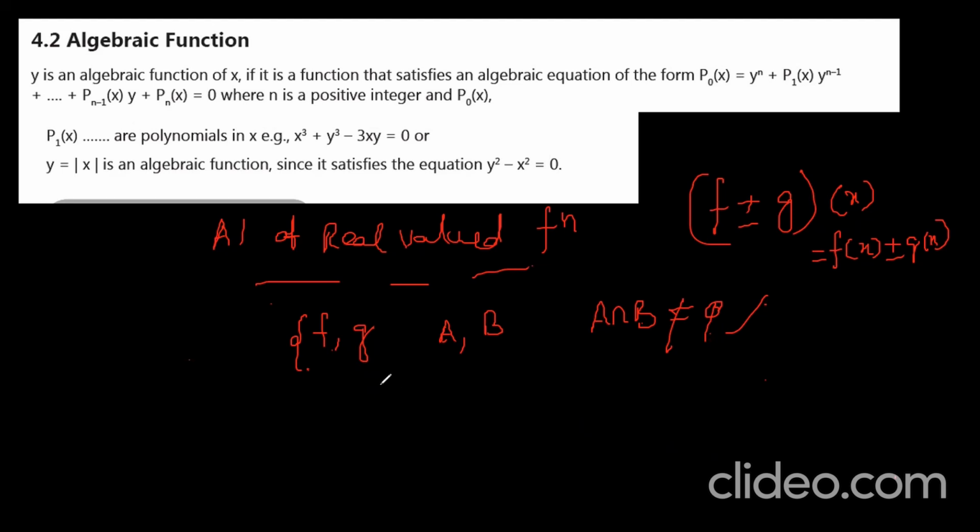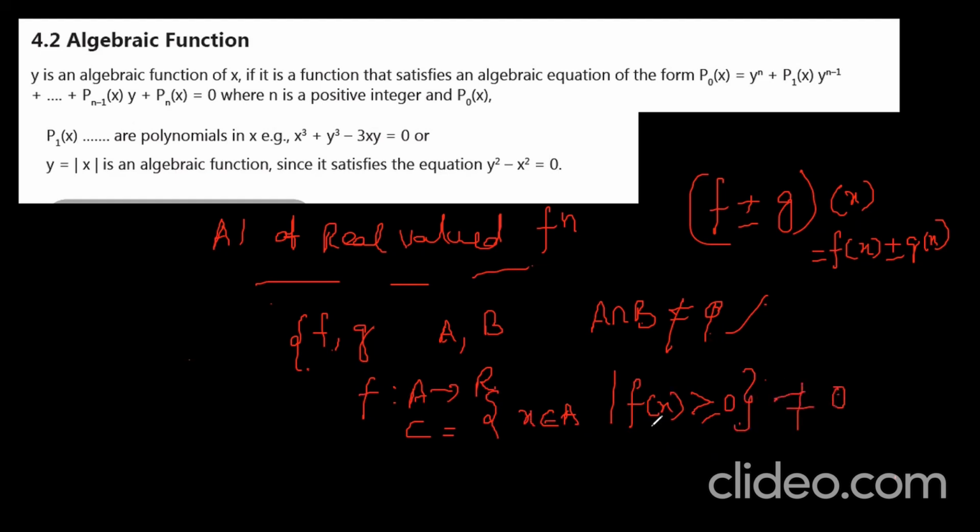The last property, after this mod function: f maps A into R, and C is the set of x belongs to A such that f of x is greater than or equal to 0. So this set C is not empty. Then what about root f?